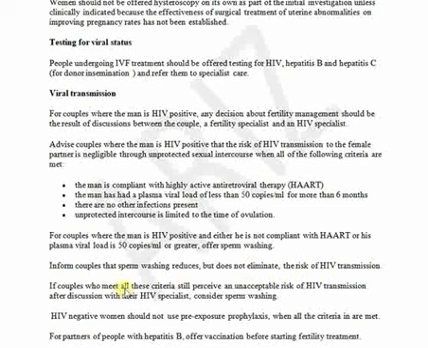If couples who meet all these criteria still perceive an unacceptable risk of HIV transmission after discussion with their HIV specialist, consider sperm washing. HIV-negative women should not use pre-exposure prophylaxis when all the criteria are met.